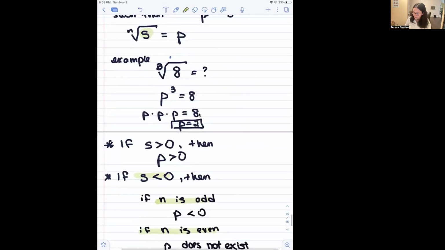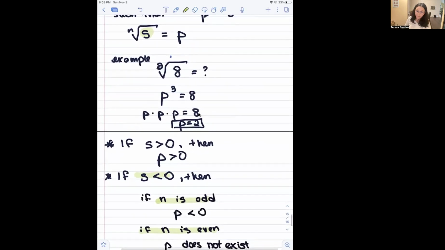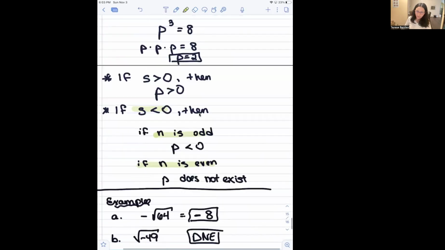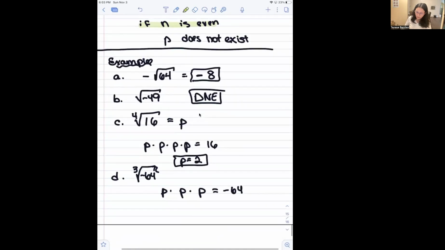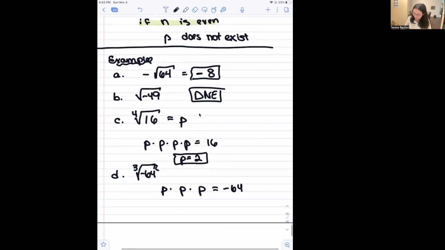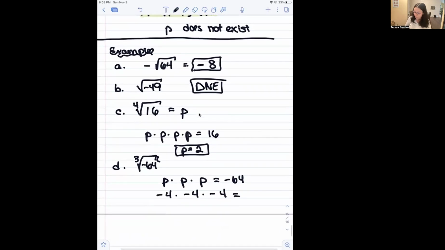So n is odd up here. We have n equal to 3. And we have that s is negative. So this can exist because if I have negative 4 times negative 4 times negative 4, yes, the first two negative 4s multiply up to 16. Then times negative 4, this will be equal to negative 64. Therefore, the solution is negative 4. Okay.